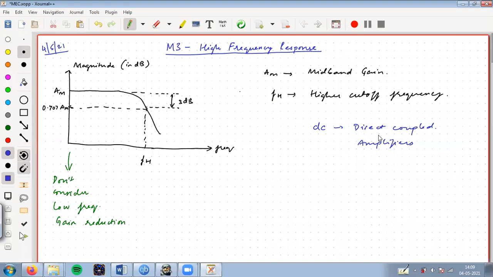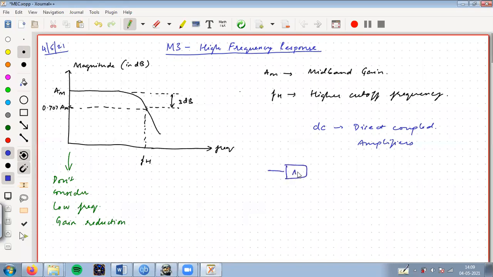For a single stage amplifier that is fine. But when it comes to IC amplifiers, when you are going to fabricate this on a chip, you can't use capacitors. Instead, we use cascading blocks.